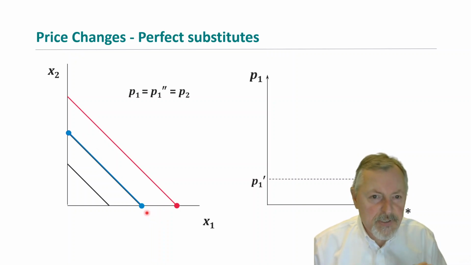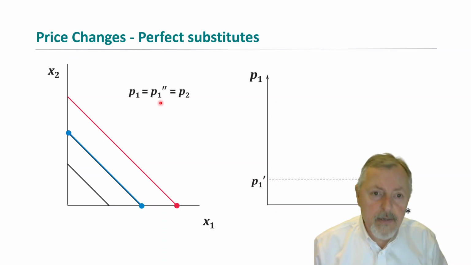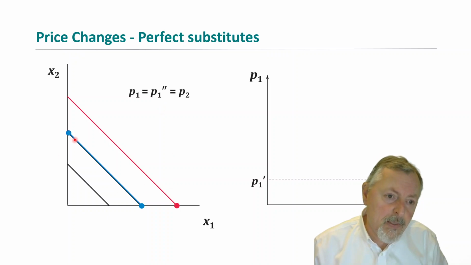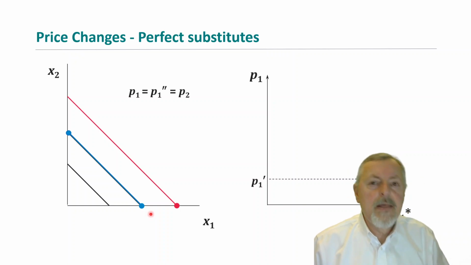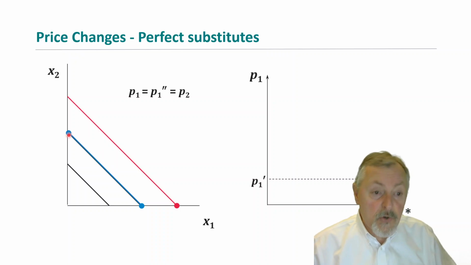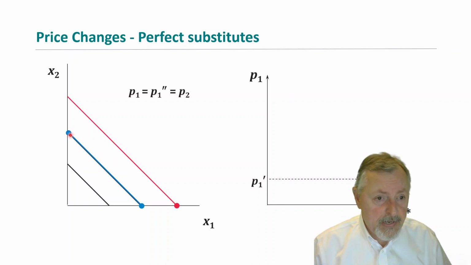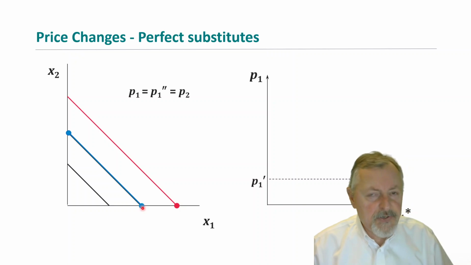At these particular prices, in particular price of thing 1 at P1 double prime, your indifference curve and budget constraint perfectly overlap. Well, what does that mean? That means that you're going to spend all of your money, so you'll be somewhere on this budget constraint line.